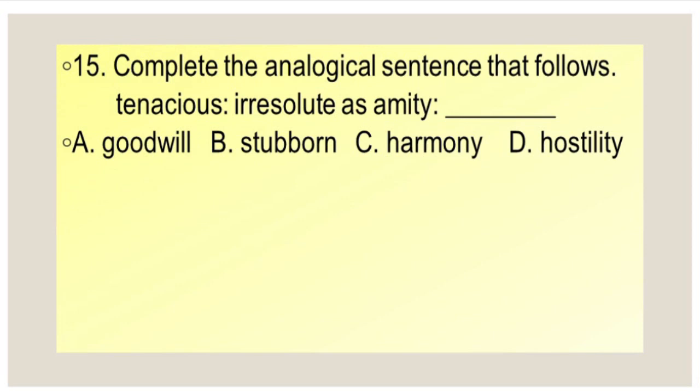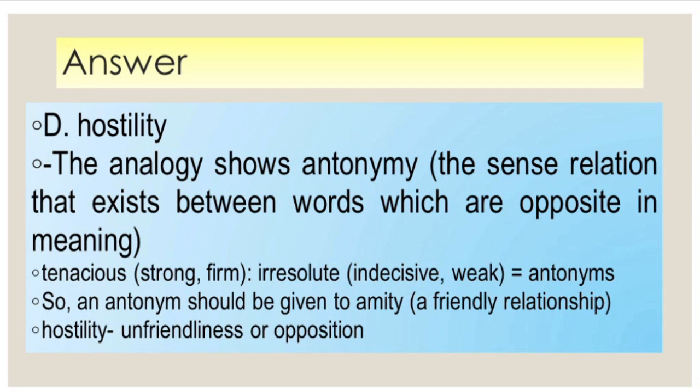How is tenacious related to irresolute? Let's consider the meanings of the words. Tenacious can mean strong or firm. Irresolute, the opposite of resolute, can mean indecisive or weak. So if we examine their meanings, we see antonyms. So tenacious and irresolute are antonyms.